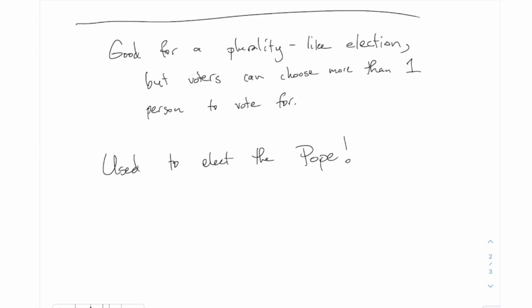Like some people do care, but it's not like a political election or something. So anyway, I made a big whoop-de-doo about it, and I ended up changing the voting system that the faculty uses. So it's used to elect the Pope, and more importantly, Fairfield University faculty elections.